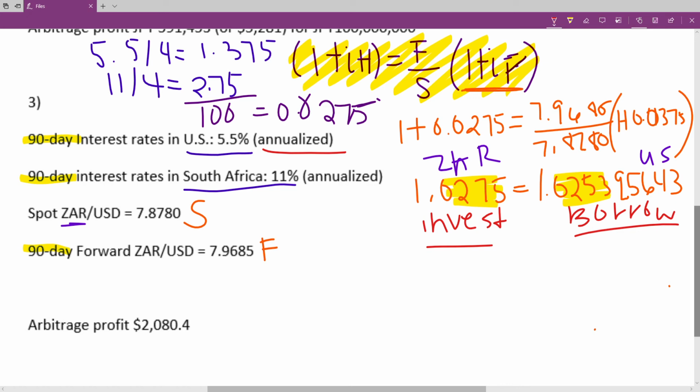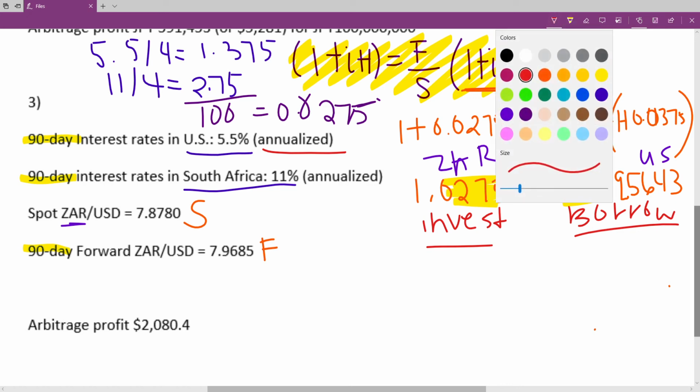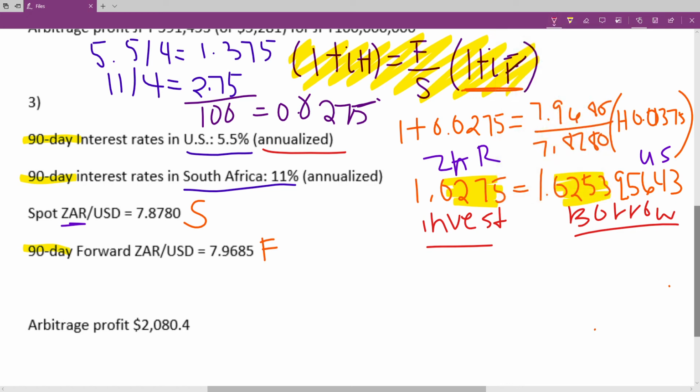The basis for this is always investing $1 million. So you always pretend you have $1 million, unless you're dealing with Japanese yen. When you're dealing with Japanese yen, $100 million is going to be your pretend invest money.